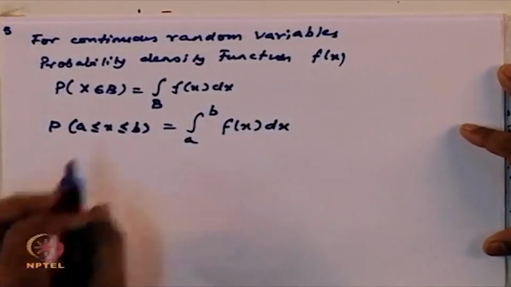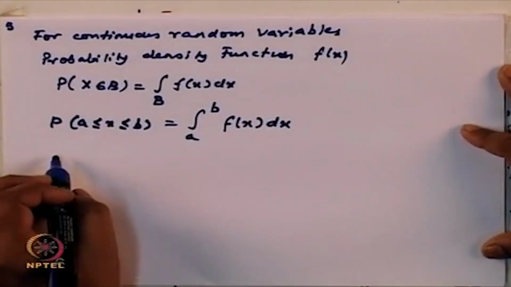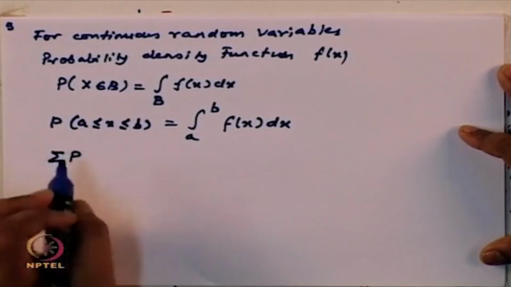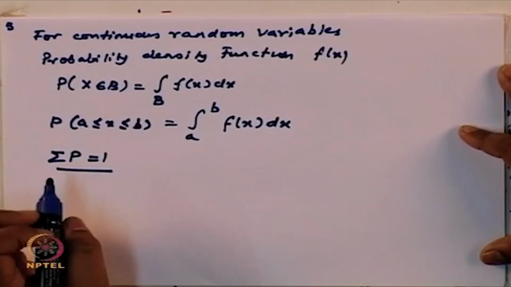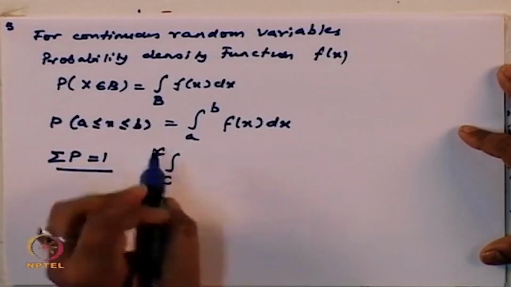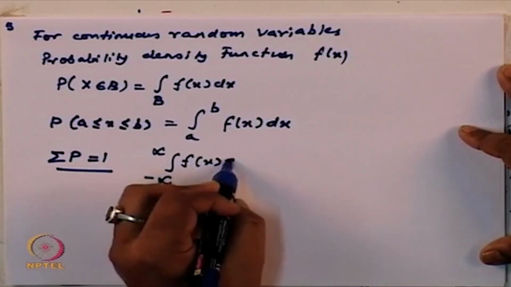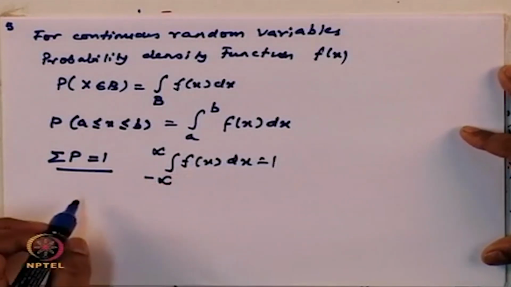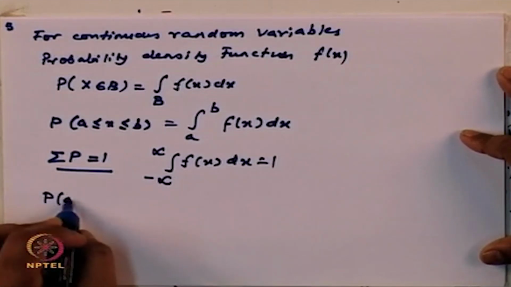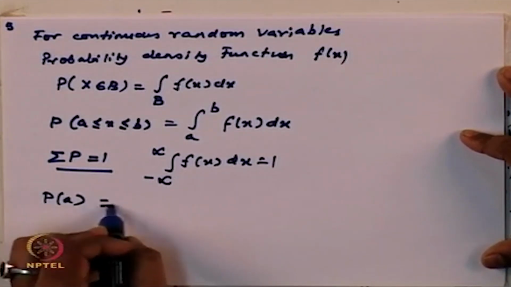Okay. So, if this is true, how do I define the total probability? I must have the function. So, you have summation of p must be equal to 1, right. So, what I essentially have is the integral from minus infinity to infinity of f(x) dx must always be equal to 1. At the same time, what is the probability of a, that is probability of X equal to a?